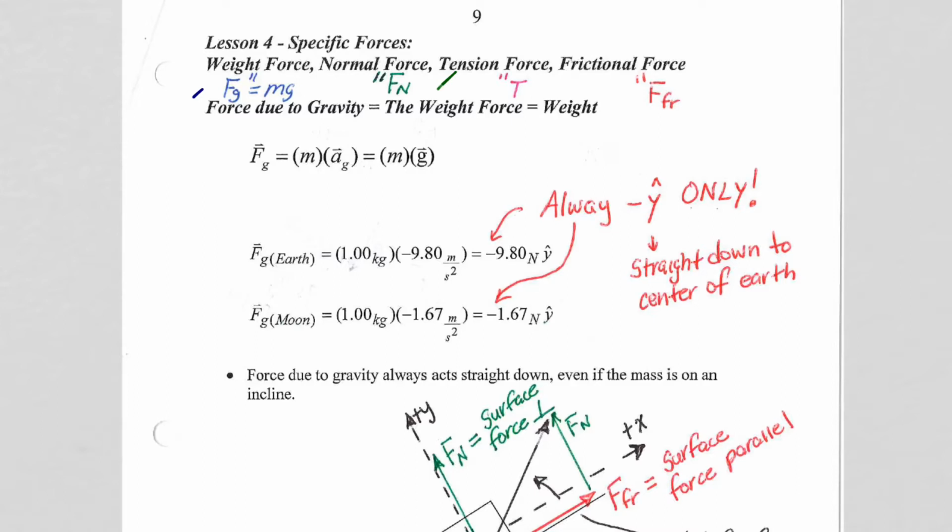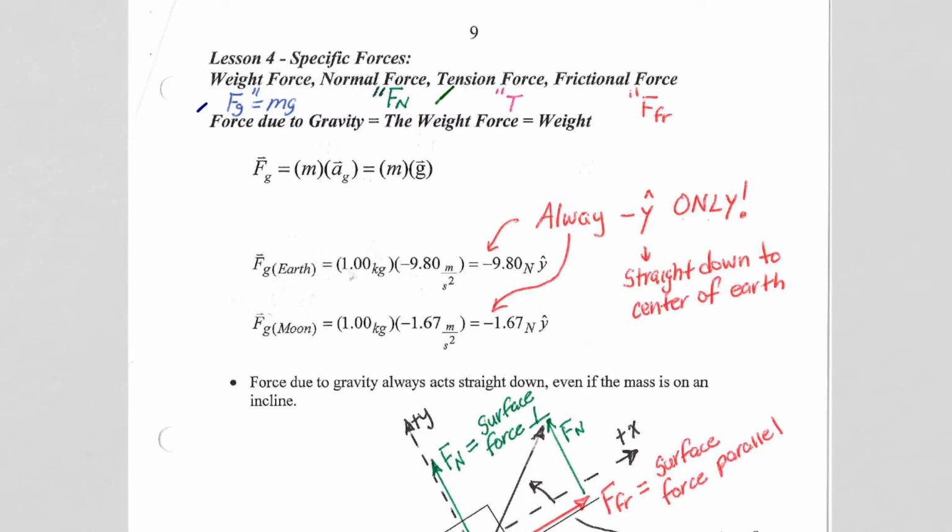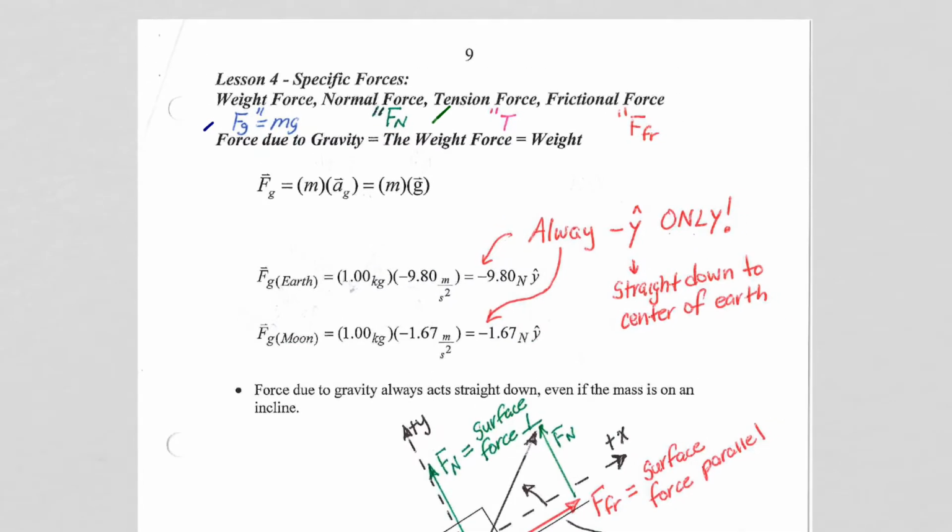Okay, we know F equals ma, and we know the acceleration near the surface of the Earth is a constant negative 9.8 meters per second squared. So, the force due to gravity, which is the weight force, or for shortened, just your weight, is mg.